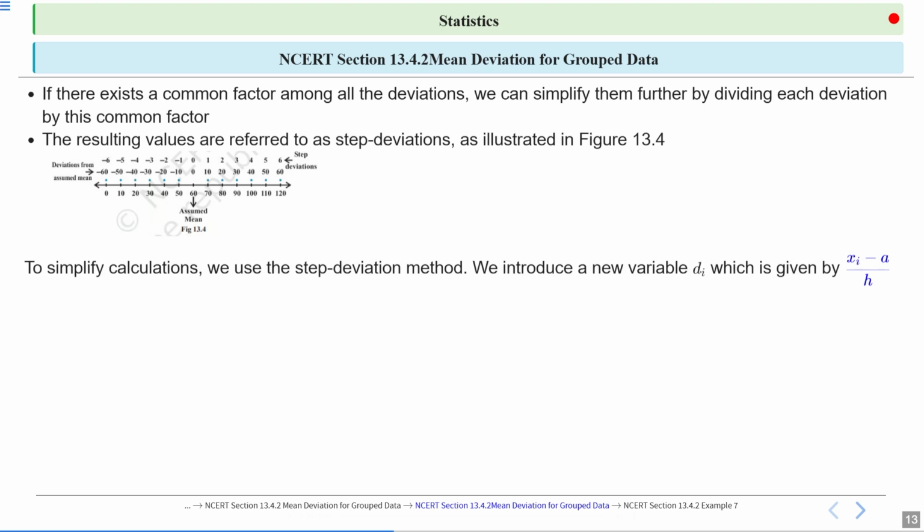To make our calculation even simpler, we use what's called the step deviation method. Here we introduce a new variable di, which is calculated as di equal to xi minus a divided by h, where xi is the original value, a is the assumed mean, and h is the common factor.